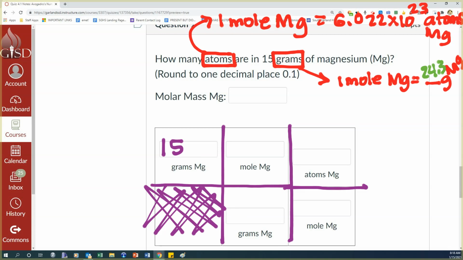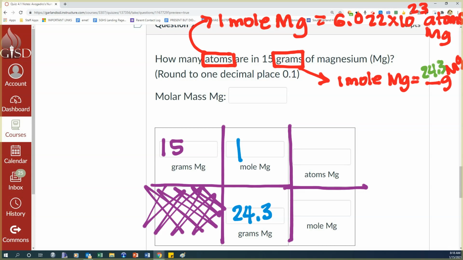Which one is it? It's this one right here, that has the word grams. So I'm going to use that first. It's 24.3 grams at the bottom and 1 mole at the top.